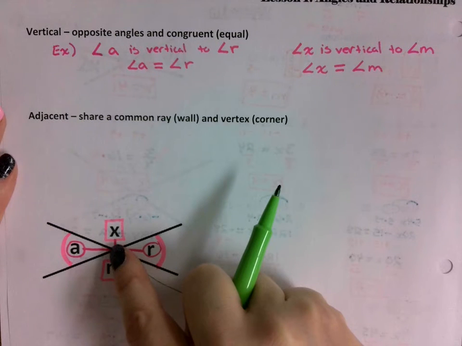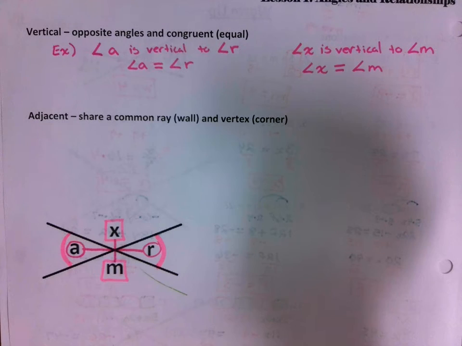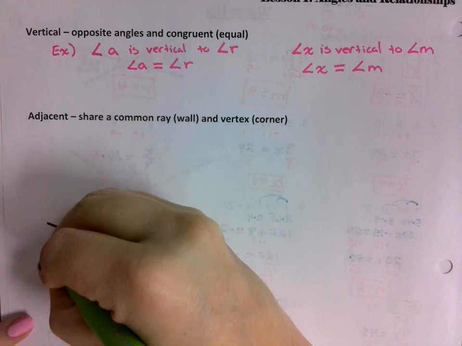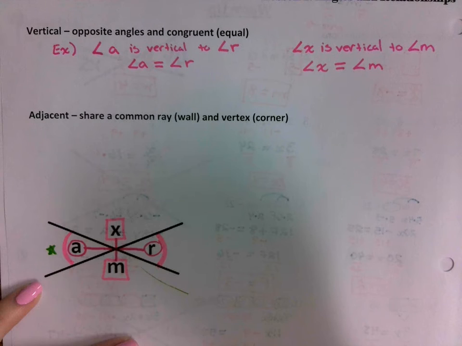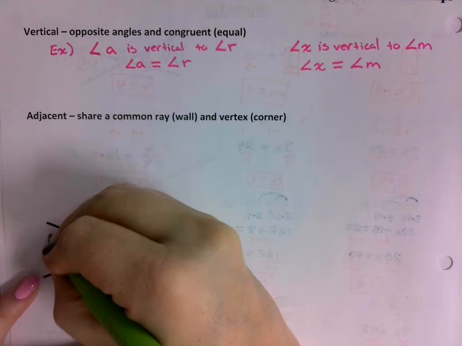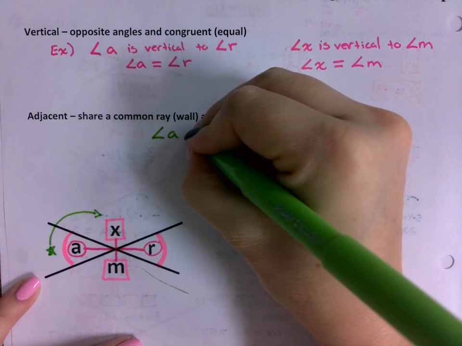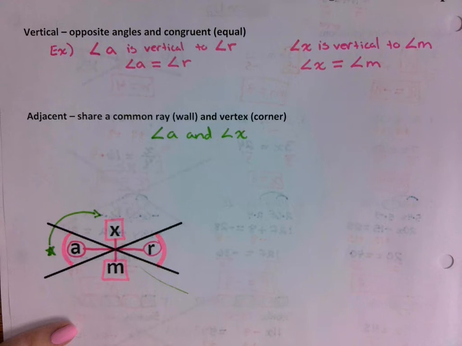Okay, so if we are looking at angle, we'll start with angle A. If I start at angle A, it is going to be adjacent with angle X. So angle A and angle X are adjacent angles.